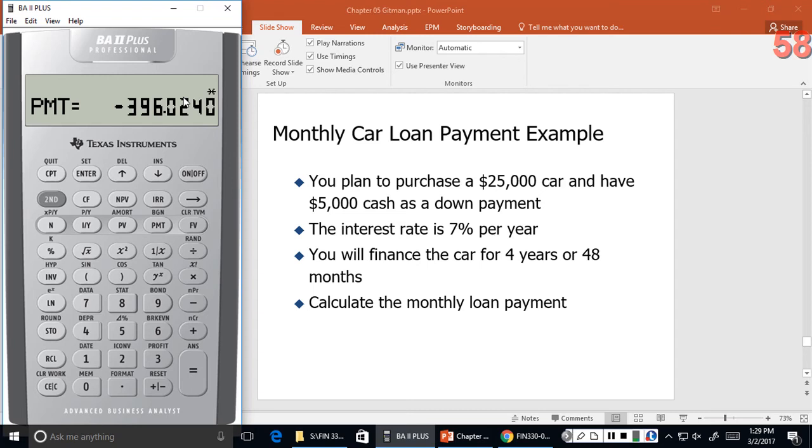So again, you have to keep an eye on this. Also, another thing I would highly suggest, your phones have apps you can download, or hang on to this calculator. If you go shopping for something that you're going to finance, take your financial calculator with you. Be able to check the numbers against what they're telling you.